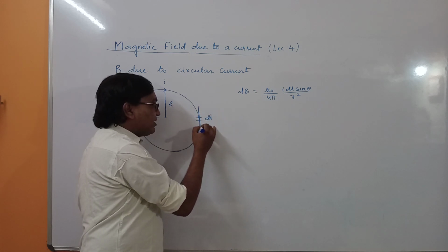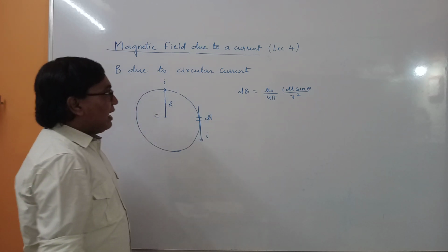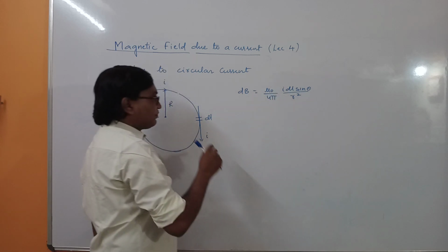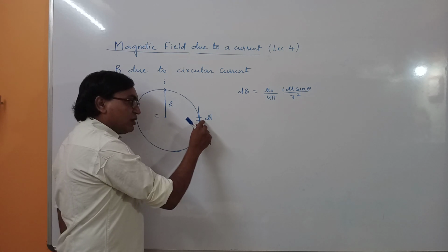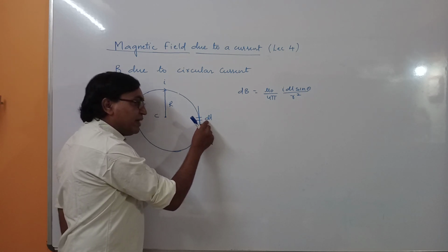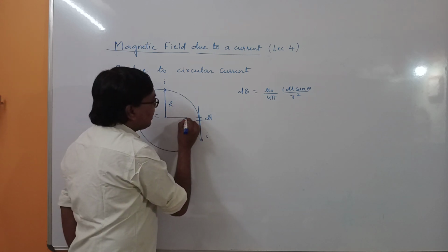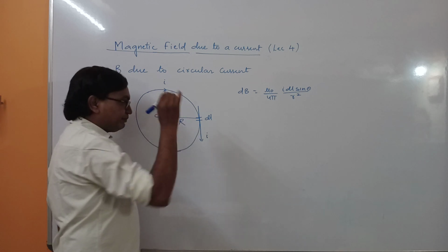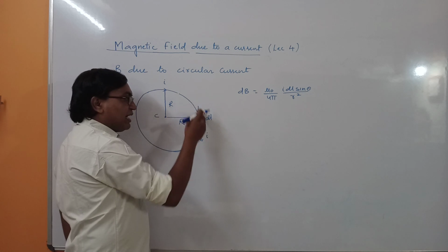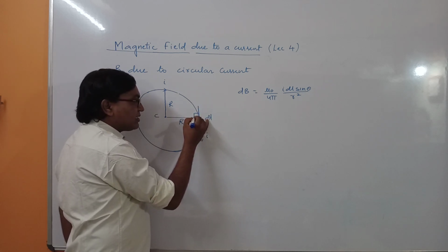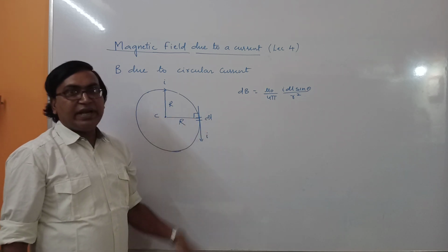So this is the direction of current, and we are finding out the magnetic field due to this small current element at point C, which is at a distance of r. Now the angle between this position vector and the current element is 90 degrees. A tangent will make an angle of 90 degrees with the radius vector.